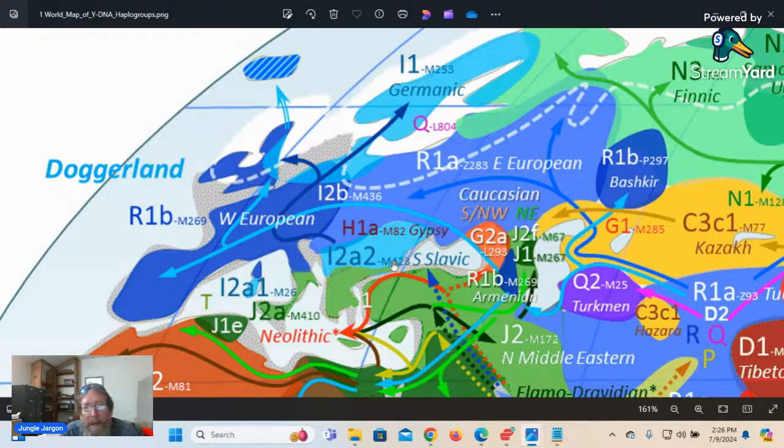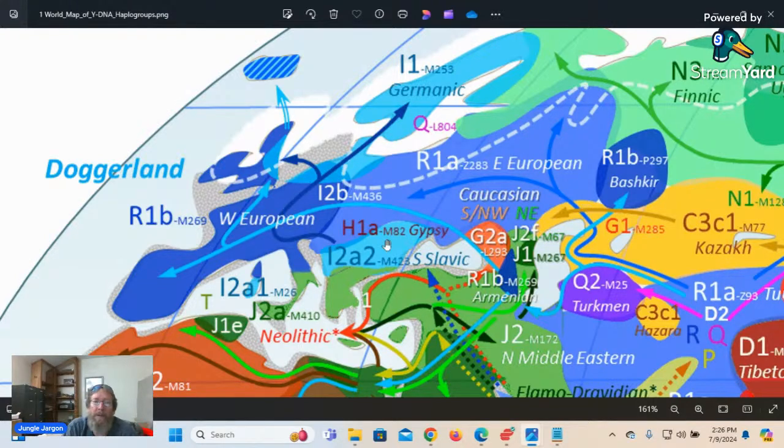But the I2 lineage seems to be a separate lineage, and if you look at how they migrated into Europe, there were separate migrations into Europe.